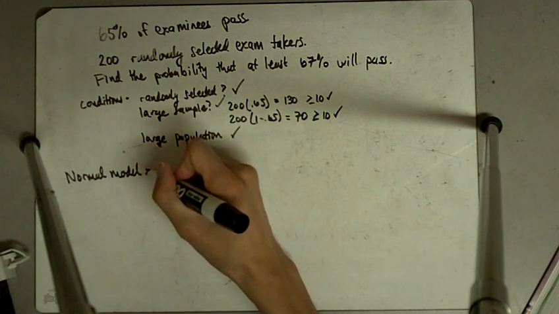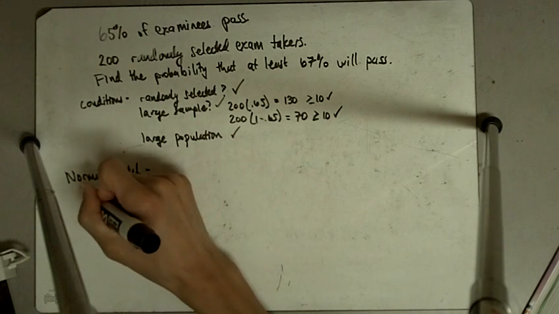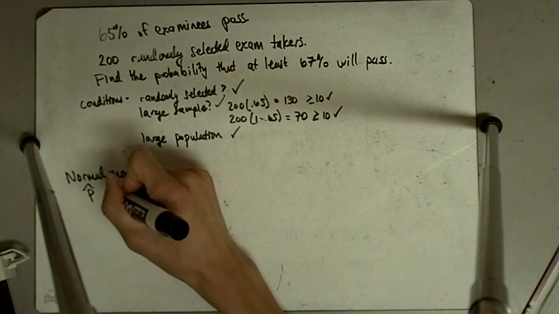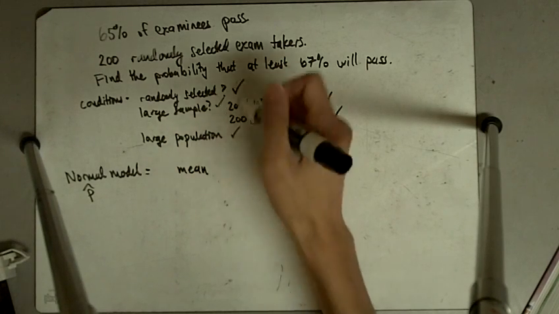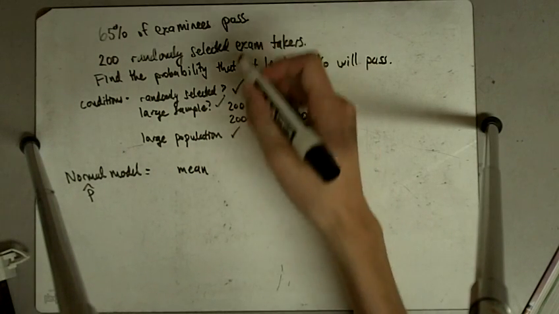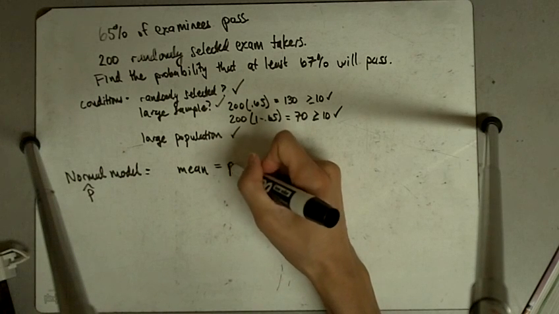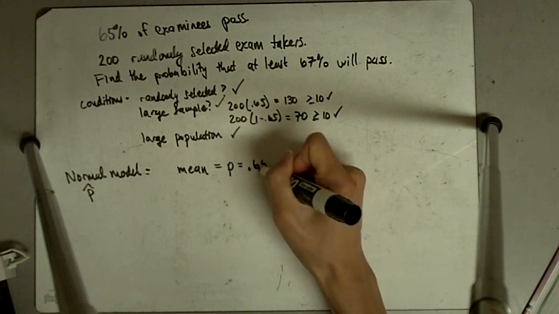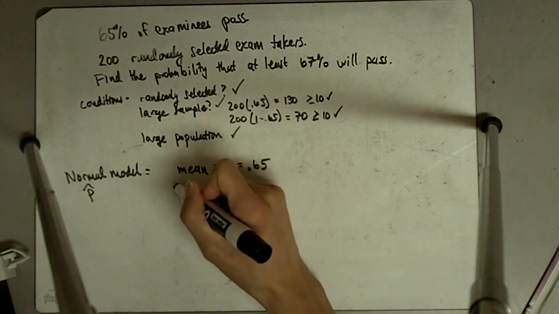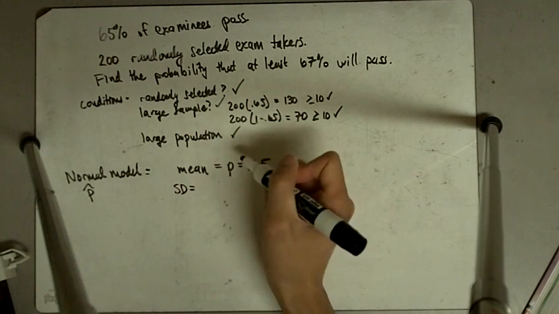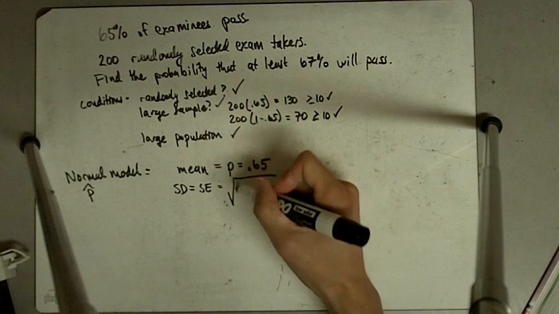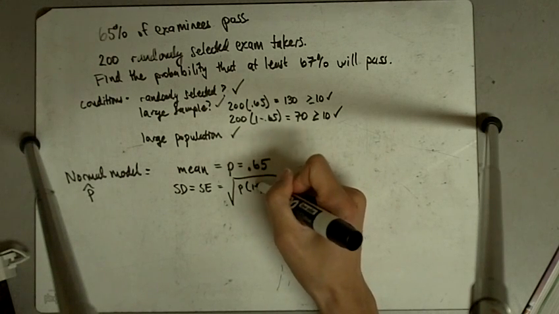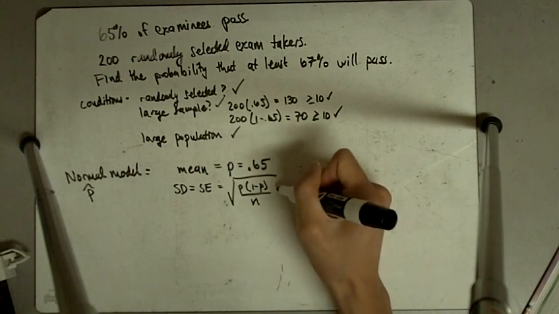What is the mean of this normal model? p hat follows a normal model, and the mean is going to be the same as the population proportion p, which is 0.65. Our standard deviation of this normal model is our standard error, which is the square root of p times 1 minus p over n.